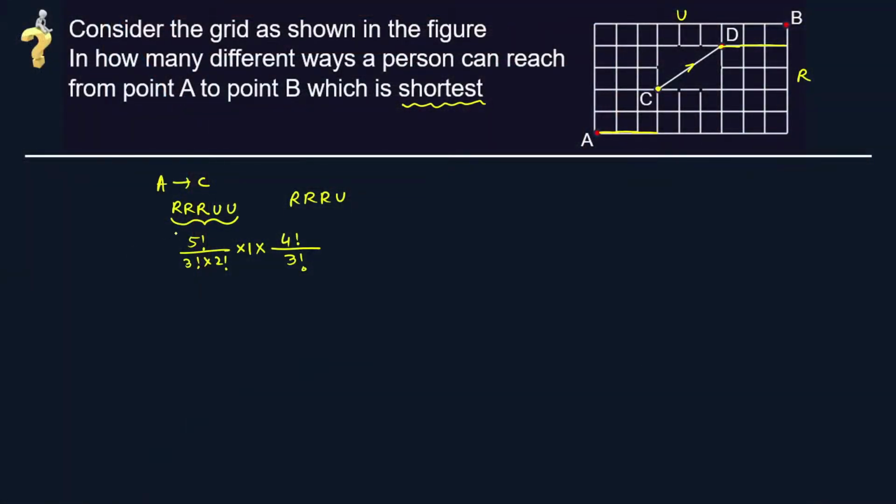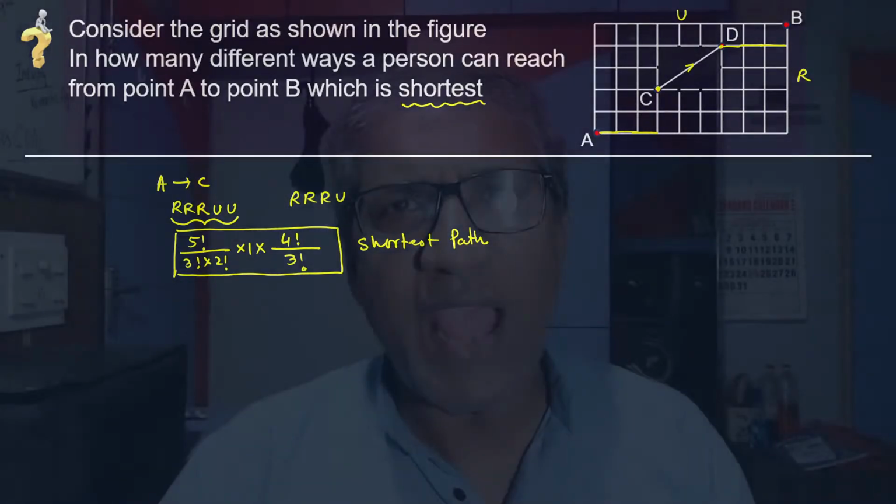So this will be the total number of ways a person can reach from A to B, and if the path is shortest, he has to travel via C and D. Is this clear to everyone? Absolutely clear? So the total number of ways in this case will be this one. This is the total number of shortest paths traveled by the person to reach B from A. Okay, so I hope you can handle this kind of problems. Now let us go for the next concept.